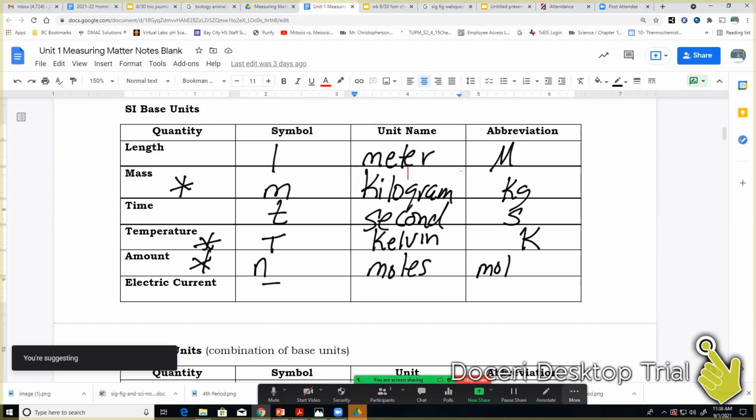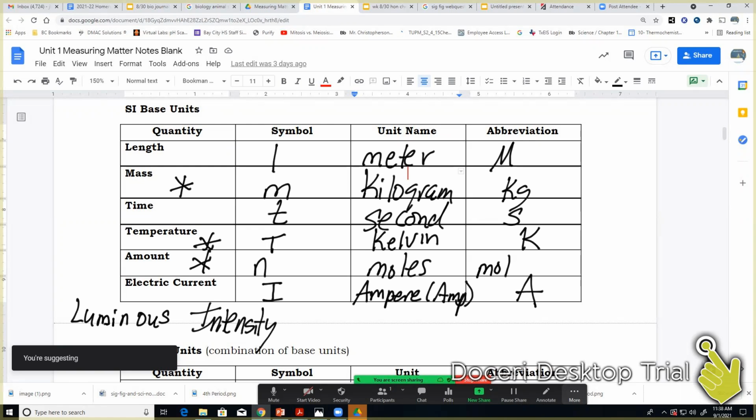Electric current, I use more in physics. For current, the unit would be ampere, or we tend to just say amp, and a big A. Luminous intensity reminds me of Lumiere from Beauty and the Beast, the candle that burned bright.